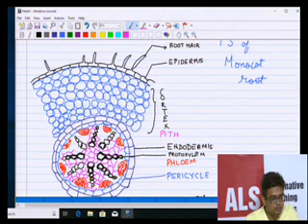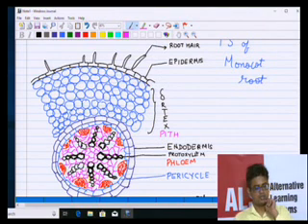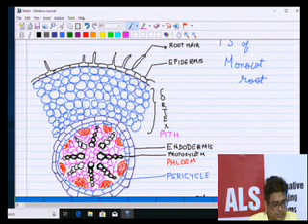Okay, so you can draw it like this. Pith, you can see it is very much expanded here in monocots.